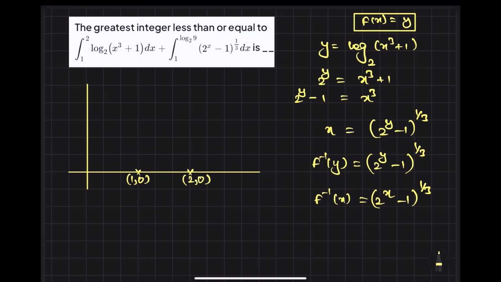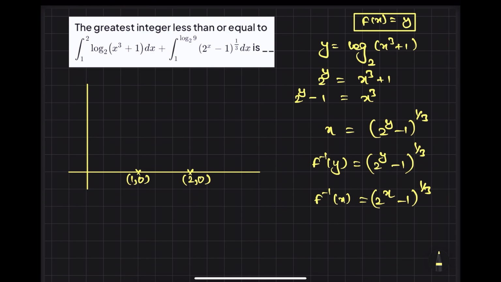You know that logarithmic function is an increasing function or decreasing function. Look at the base of the log. Log base is 2. So log base 2 is an increasing function. If you observe x cube plus 1, it is also a strictly increasing function.